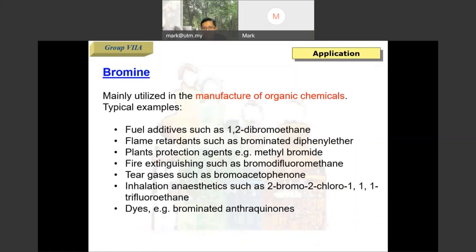Bromine is mainly utilized in the manufacture of organic chemicals. Typical examples are fuel additives.